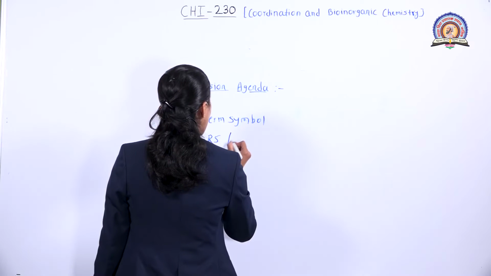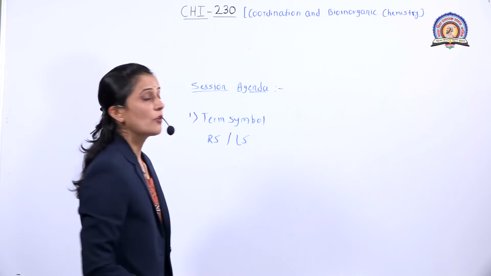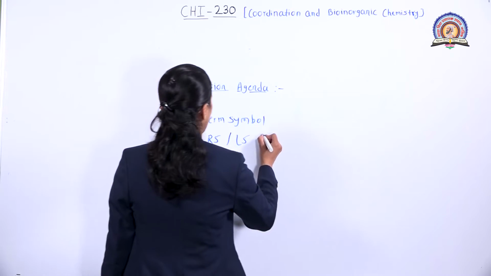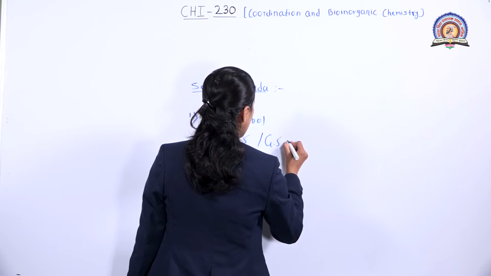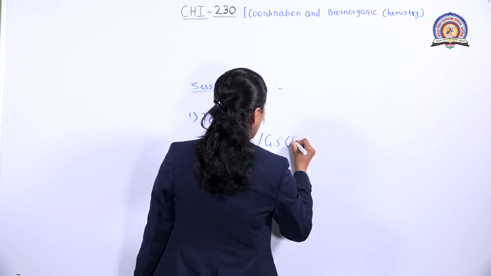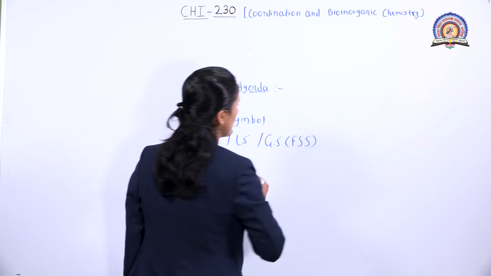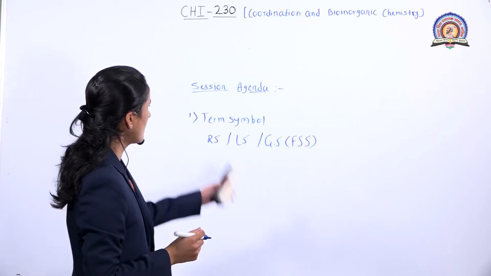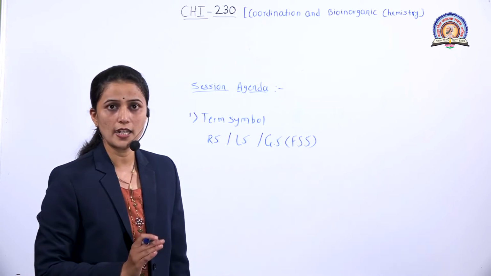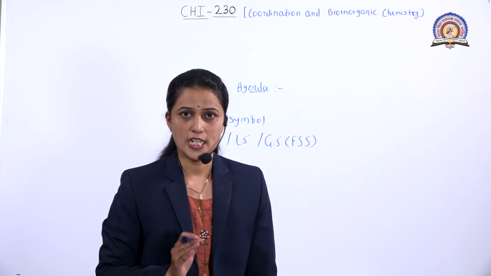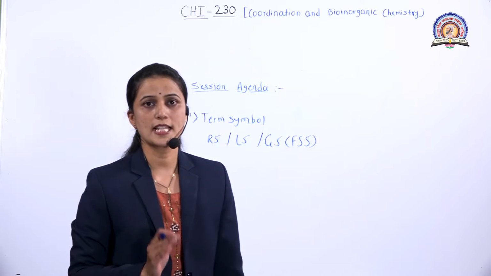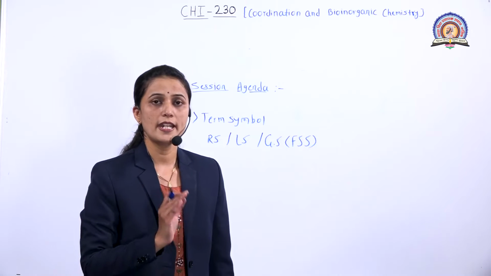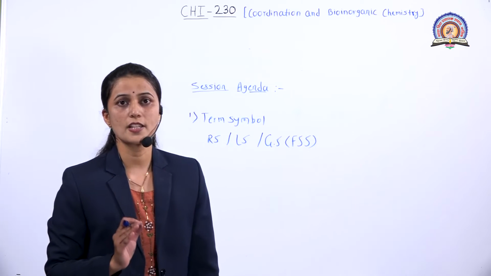We can say LS coupling, and also GS term, that is ground state term, or full spectroscopic symbol term. Under the term symbol we have to see how to calculate RS term or GS term, that is full spectroscopic symbol, which is totally based on interaction of L and S values.